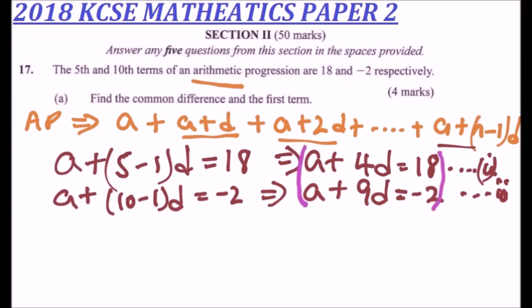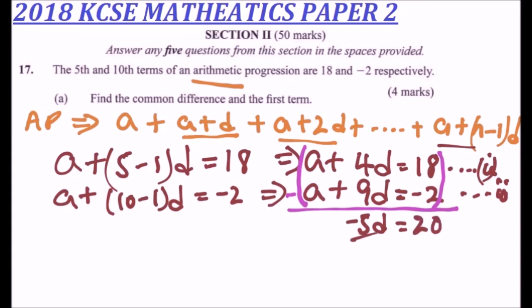So we can eliminate a. To eliminate a, we subtract. So we should end up with this. a minus a is 0. 4d minus 9d, that should give you minus 5d, is equal to 18 minus minus 2, which should give you positive 20.